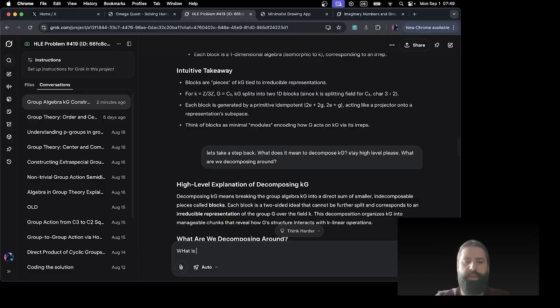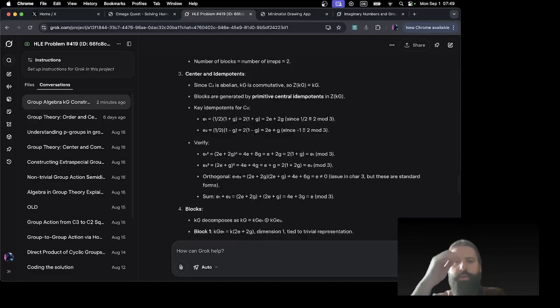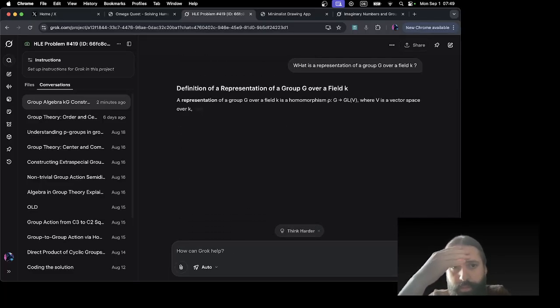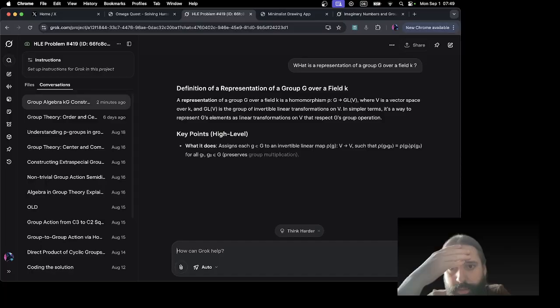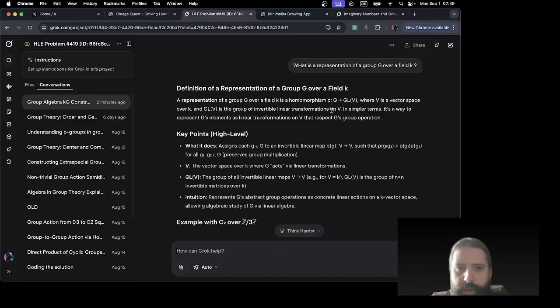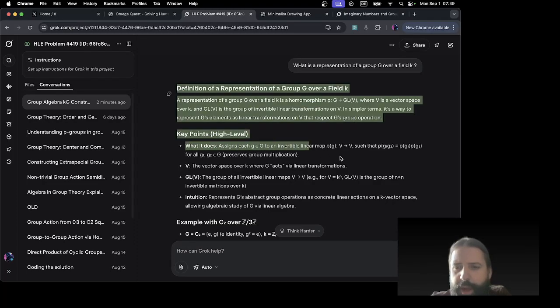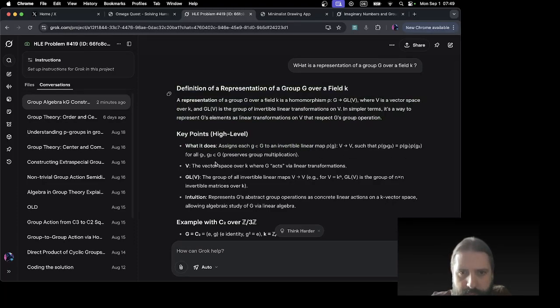What is a representation of a group G over a field K? It's a homomorphism. Assigns each G to an invertible linear map. So it is mapping elements from G to the field.